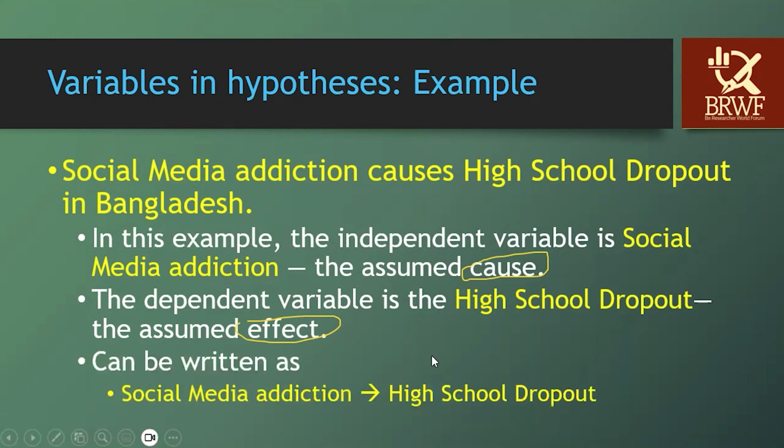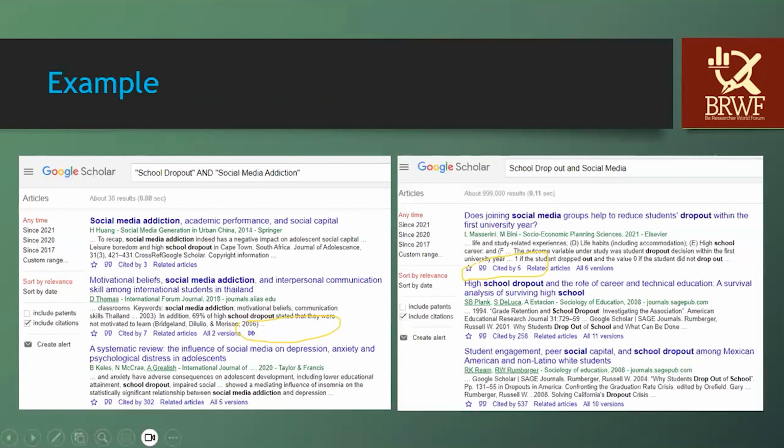It can be written like this: social media addiction and high school dropout. I have already discussed this one. If we search on Google Scholar, school dropout and social media addiction, maybe I recorded this previously. You can ask why I am choosing this topic as an example. This is the result, recorded much earlier.